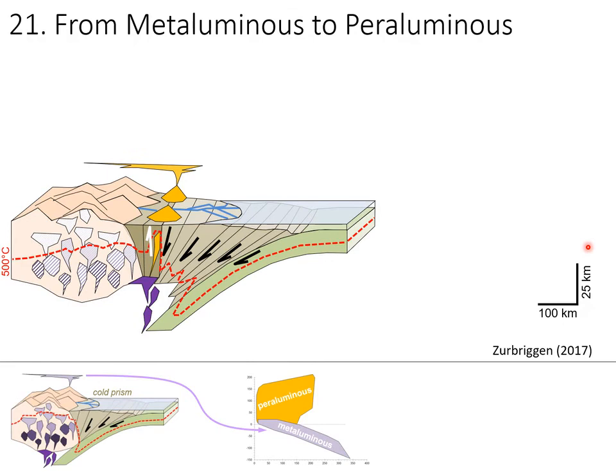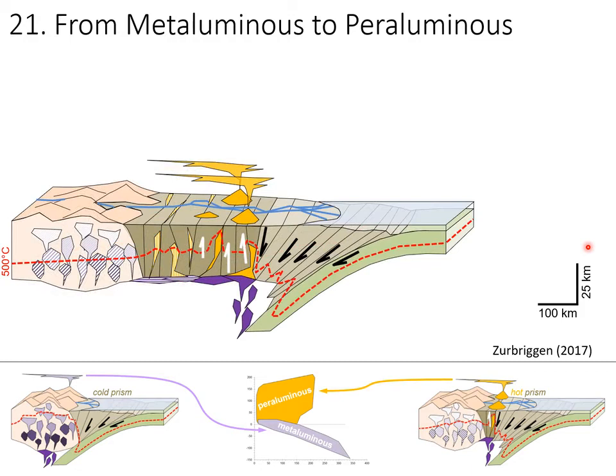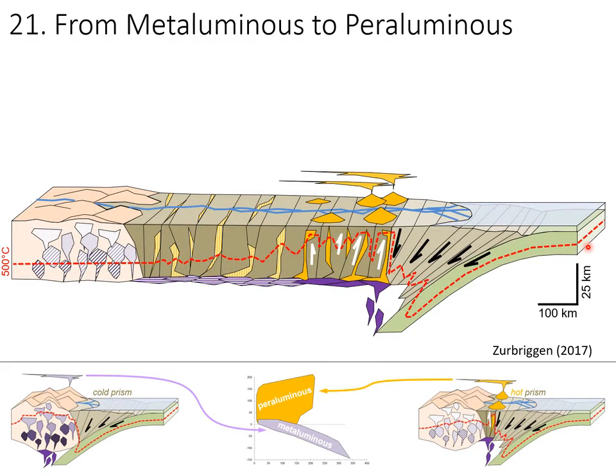Now, if we increase the sediment flux and these accretionary complexes start to grow and become as large as they were in the early Paleozoic, then we result in a setting where the arc is entirely within the accretionary complex, far away from the rim of the craton. And that's why we don't fractionate the primary magmas to evolve metaluminous granitoids.